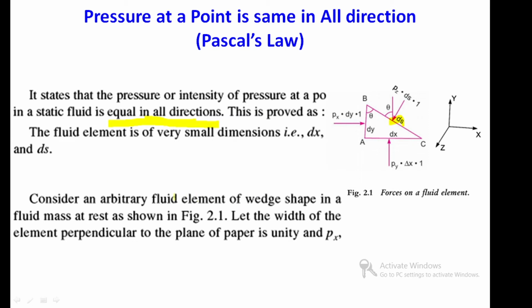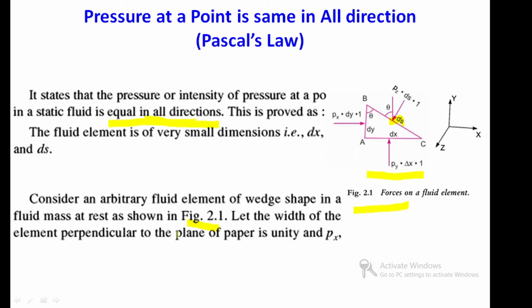Consider an arbitrary fluid element of wedge shape in a fluid mass at rest, as shown in figure 2.1.